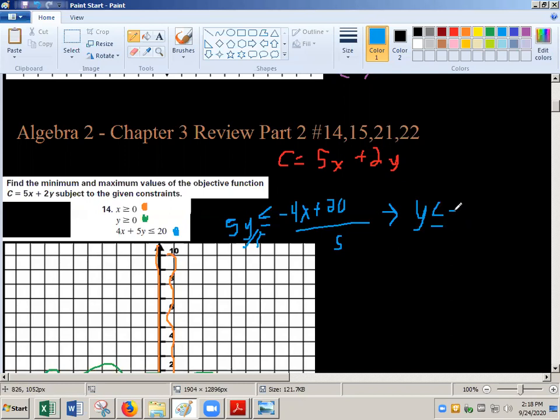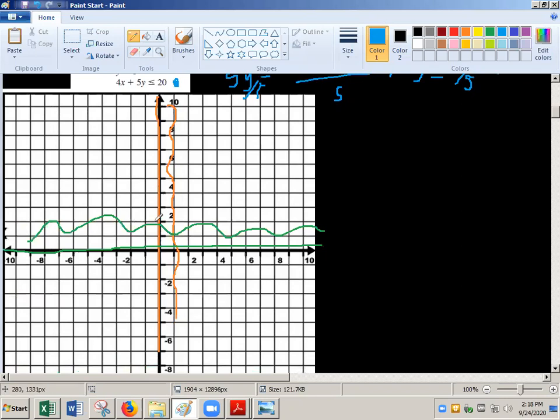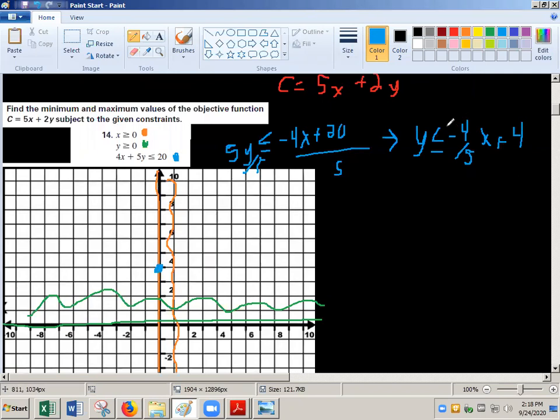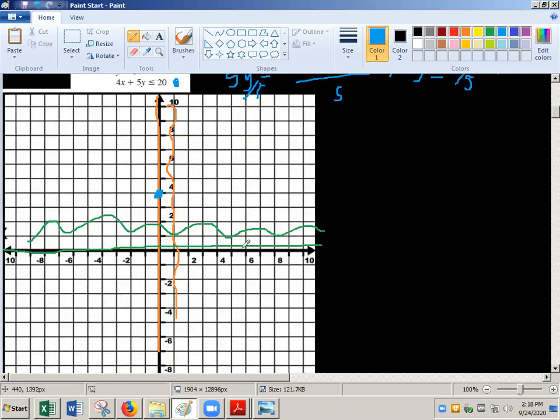And now I've got my negative 4/5 x plus 4 here. So I'm going to go to positive 4, 1, 2, 3, 4, fill in my circle, and then I have two options. One, I can go down 4, right 5, which will put me right here, 1, 2, 3, 4, 5.